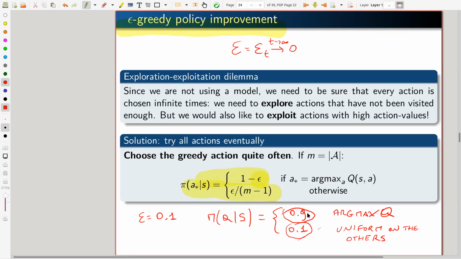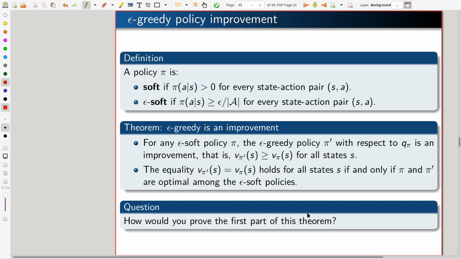Epsilon greedy policies enter a family of policies which are probability distributions called soft. Soft means everywhere positive: you don't have state-action pairs with 0 probability of happening. Epsilon soft means a little bit better: not only positive, but uniformly bounded from below.